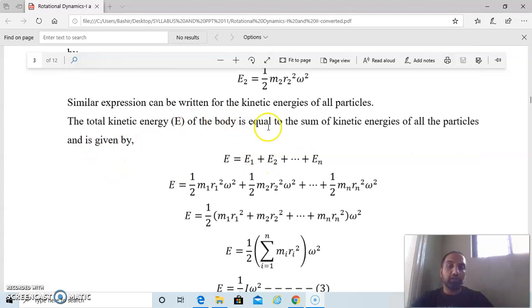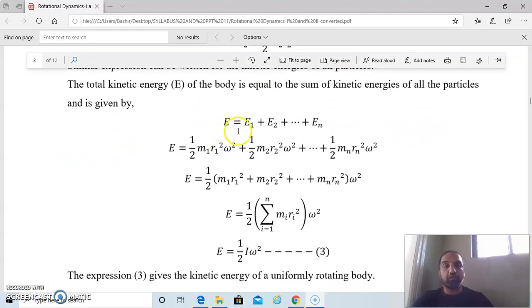Then the total kinetic energy of the body is equal to the summation of the kinetic energy of all the particles. Therefore, we can write E equals E1 plus E2 plus E3 plus up to En. E1 is 1/2 m1 r1 square omega square, the second one is 1/2 m2 r2 square omega square, and for the last one, 1/2 mn rn square omega square. Now take common 1/2 and omega square.